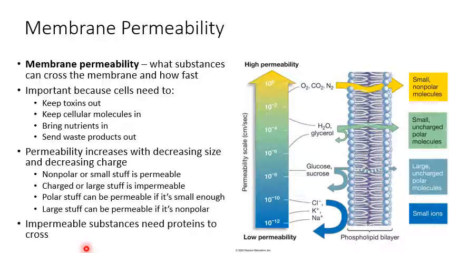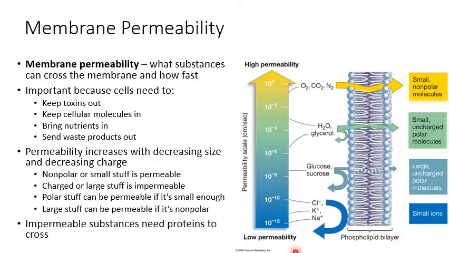If you have a polar molecule and it's large, it's going to be impermeable. If it's small, it might be slightly or moderately permeable, so it will be able to cross the membrane somewhat, or a medium amount. And if you have a large molecule, usually that's going to be impermeable, but it might still be permeable, at least to some extent, if it's also nonpolar.